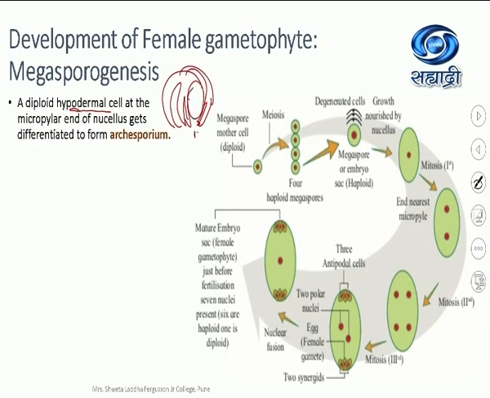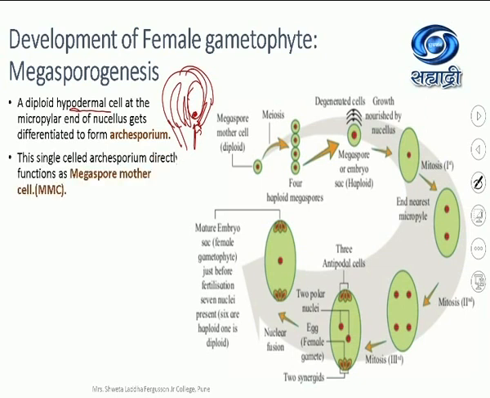This is the funicle. One cell towards the micropylar end of the nucellus starts forming archesporium. This single cell or archesporium functions as megaspore mother cell.